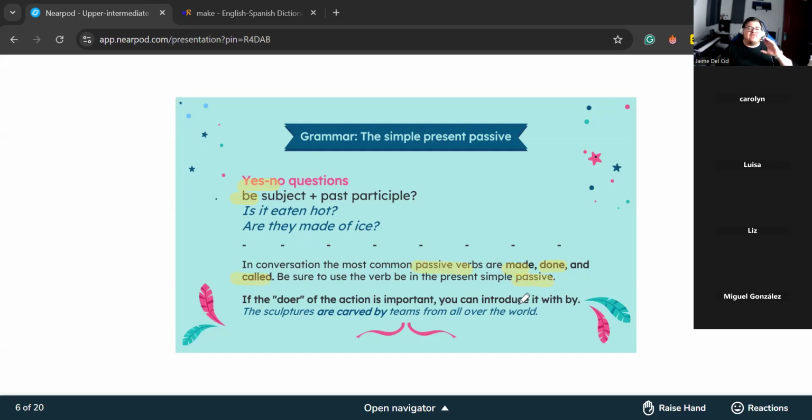So, you can use many verbs in passive, but these are the very common verbs in English. Made, done, and called. Made comes from make, done comes from do, and called comes from call. If the doer of the action is important, let's say that you do have to introduce the doer of the action, then you can do it with the word by. We call that the agent.